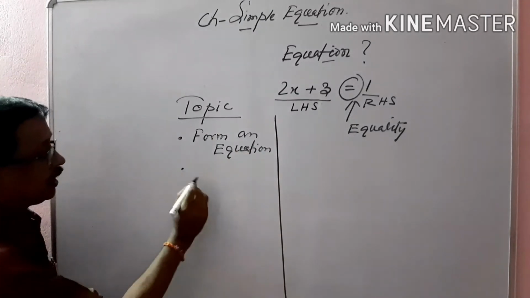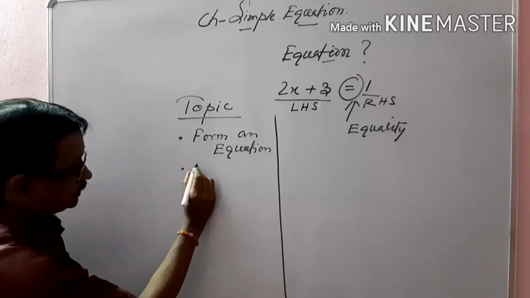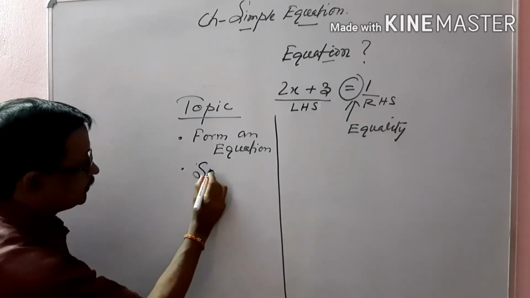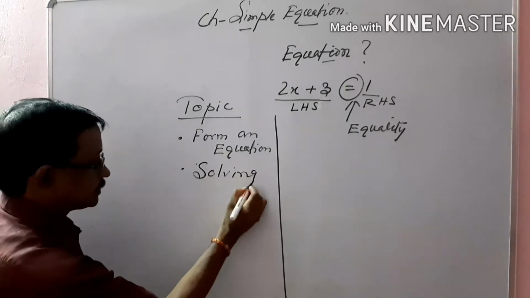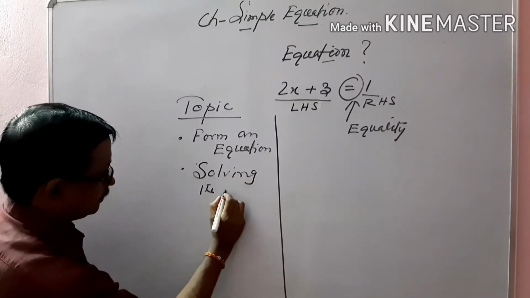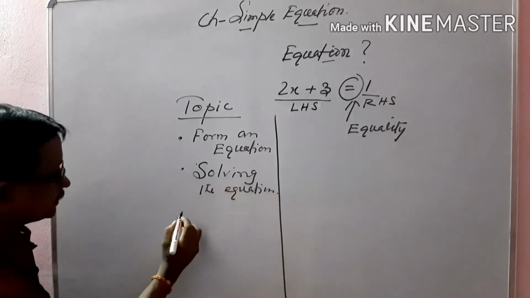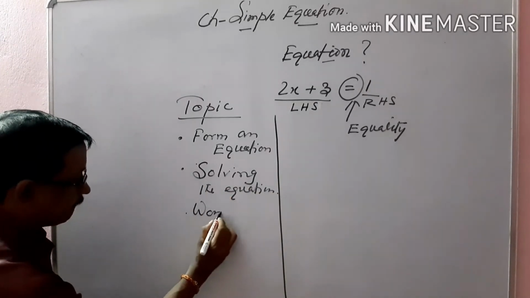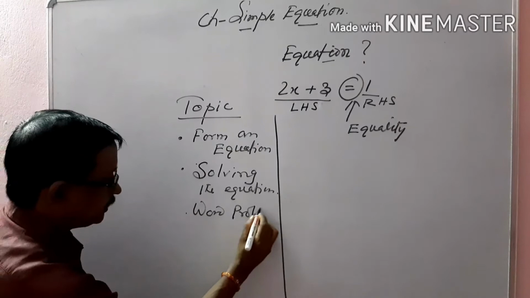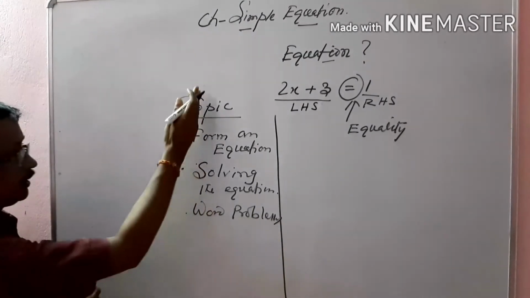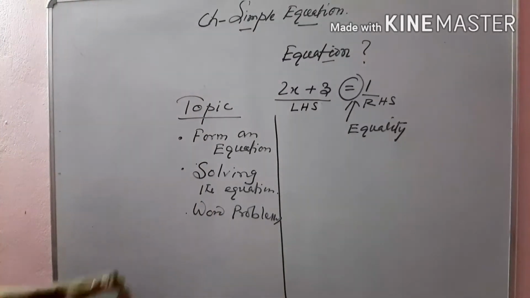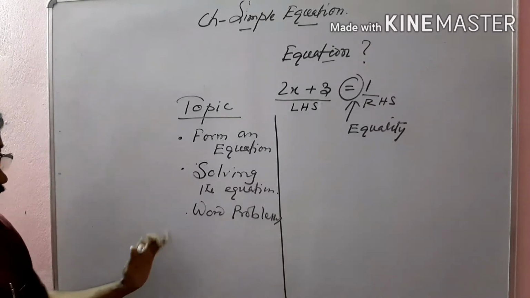Secondly, you have to know how to find the solution, that is, solving the equations. Next, there are some word problems, word problems which are related to the equation form. Okay, so I will explain one by one.